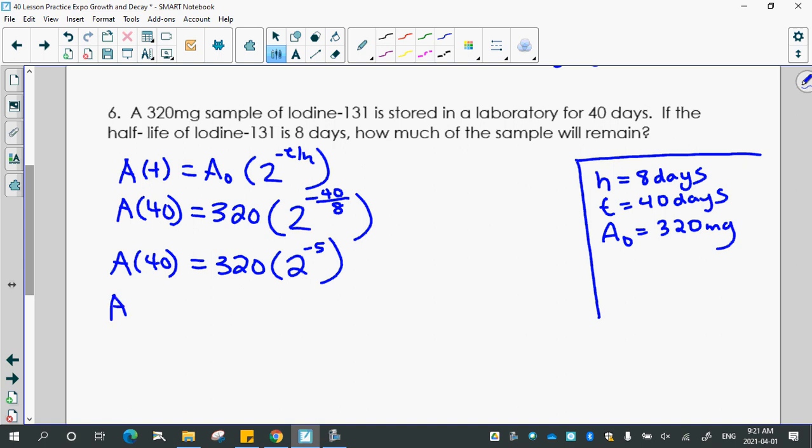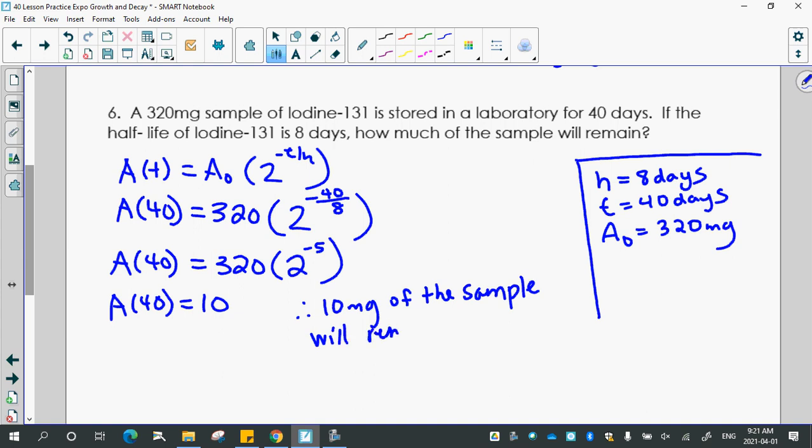So A of 40 is exactly 10. So how much of the sample will remain? Therefore, 10 milligrams of the sample will remain after 40 days.